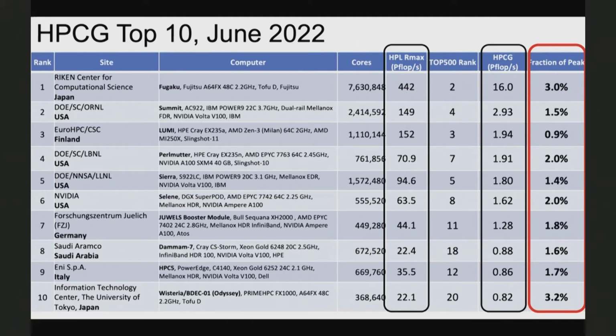We look at this machine in Finland, the #3 machine, and it's less than 1% of the theoretical peak. The machine in Finland is very similar to the machine in Oak Ridge, the Frontier system. So I would expect to see a number very similar for running the HPCG benchmark on the Frontier system, but we just don't have that number at this point.